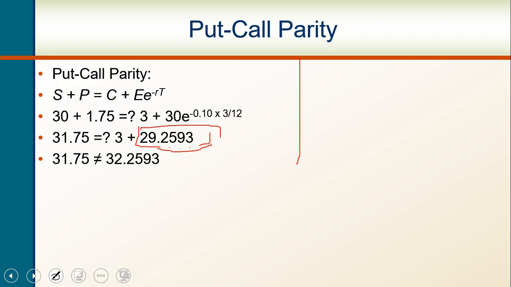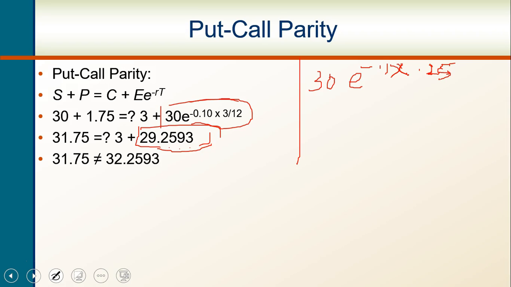The right hand side is equal to 3 plus, and I'm just solving for this item here, 30 multiplied by e raised to the power minus R, which is 0.1, times the time, which is 3 over 12, meaning 0.25. Because I cannot show you what I'm doing on the calculator, I'm going to keep saying aloud what I'm doing so that you can follow my steps.